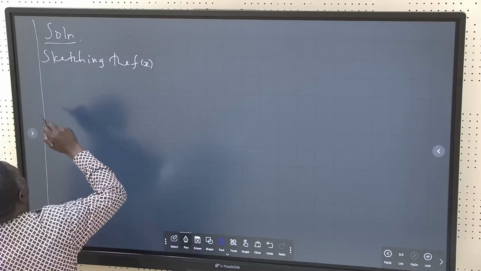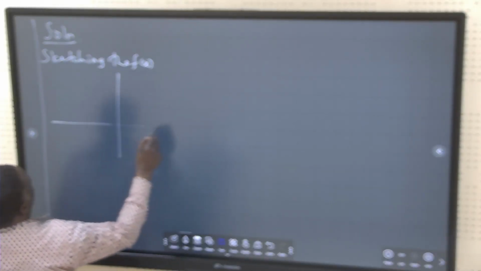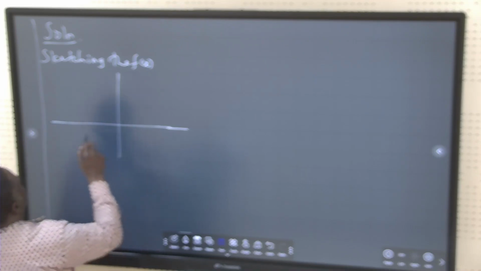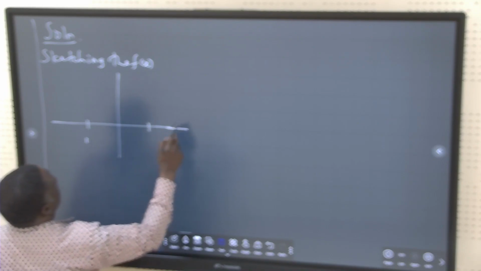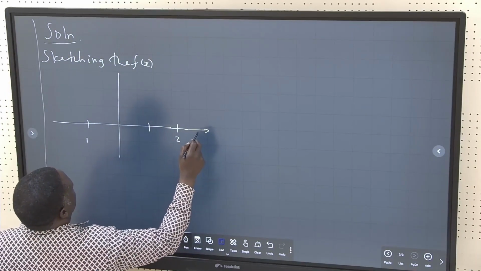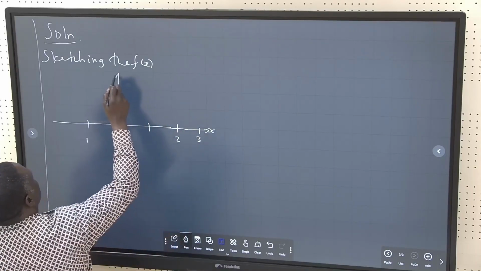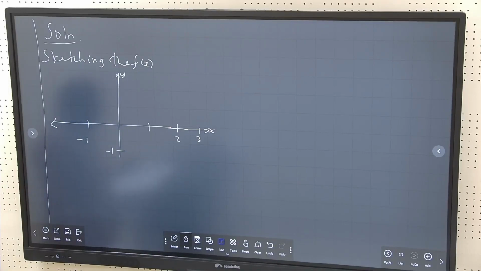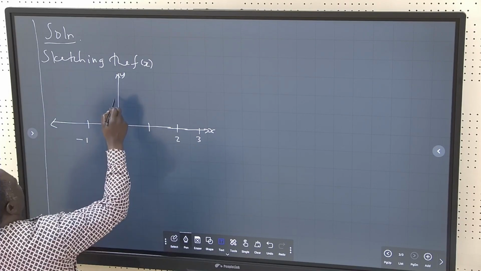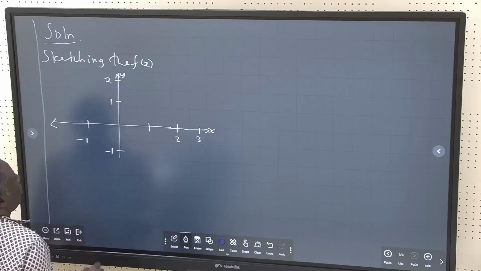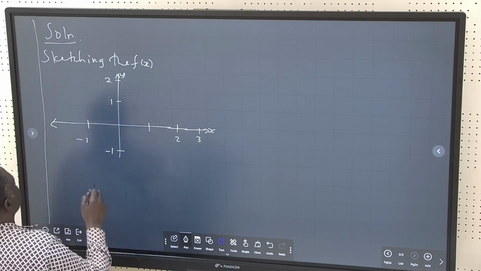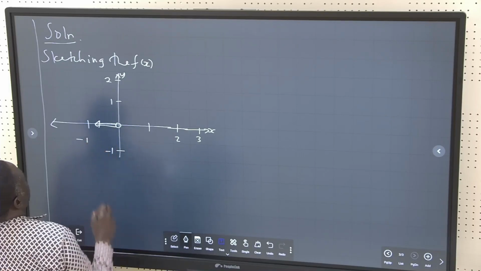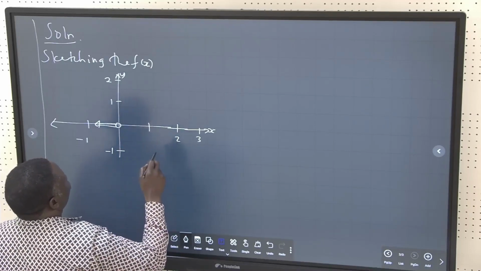So we have x and y axes, with marks at 1, 2, 3 on the x axis, negative 1, and the value of y at 1. The function is 0 for all values less than 0, and from 0 to 2, it is 1.